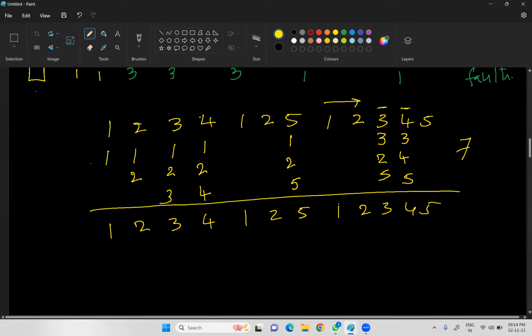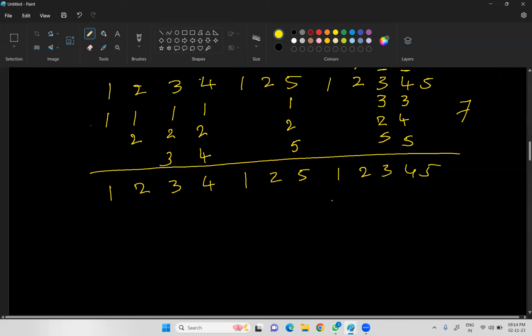Now 4 frames are allocated. Here it is 1, then 1, 2, then 1, 2, 3, and then 1, 2, 3, and 4. Up to this point it is common, because 4 frames are free, so there is no option. 4 page faults are common. 1 is already available, 2 is already available.